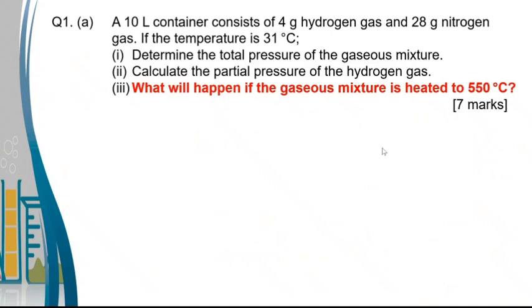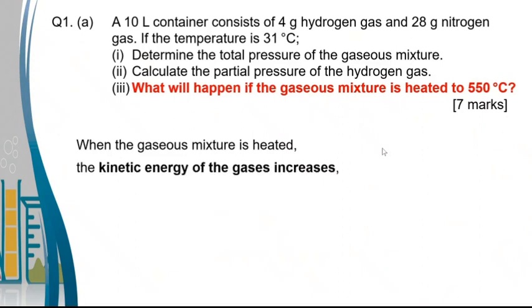What will happen if the gaseous mixture is heated to 500 degrees Celsius? When it's heated, that means the gas molecules or gas particles will gain kinetic energy. So when the gas mixture is heated, the kinetic energy of the gas increases.